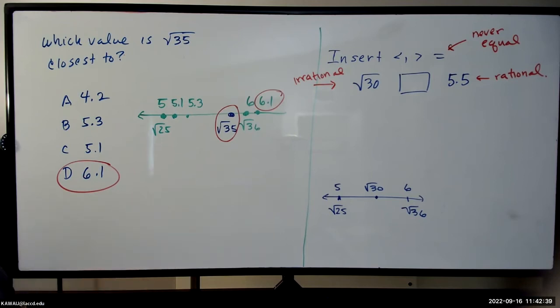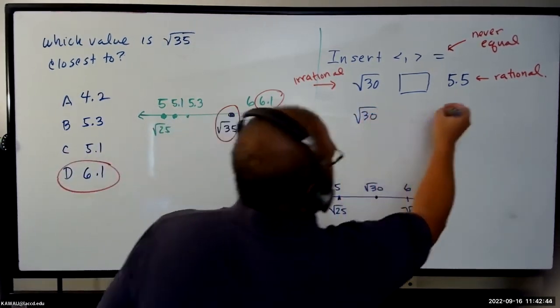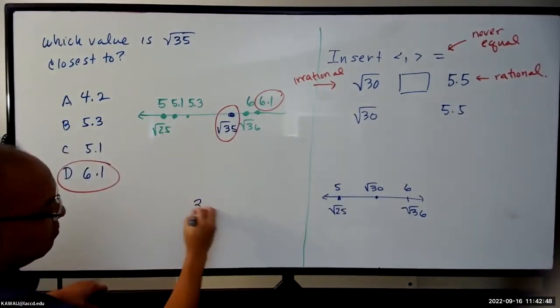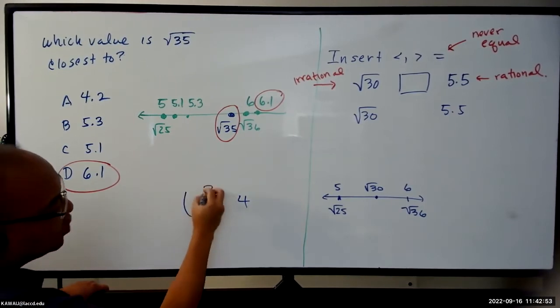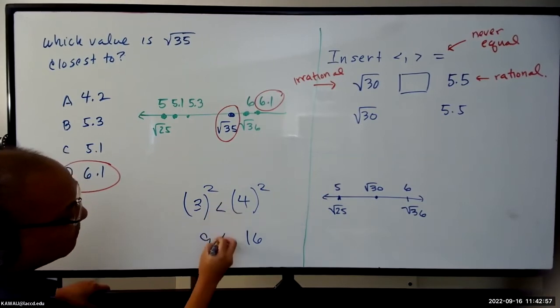Now, the way you figure this out is you just square both sides. Think about it. 4 is bigger than 3. If you square both of these, 16 is still bigger than 9.